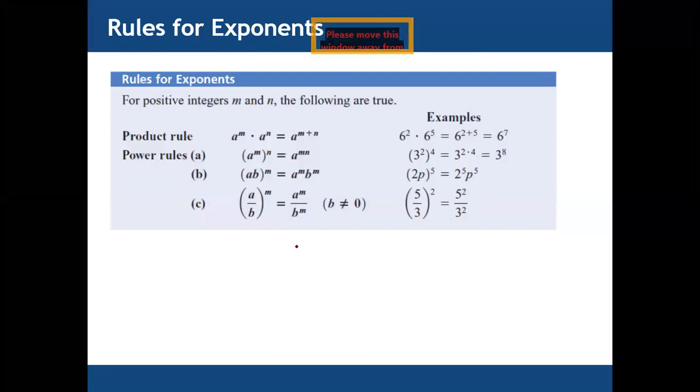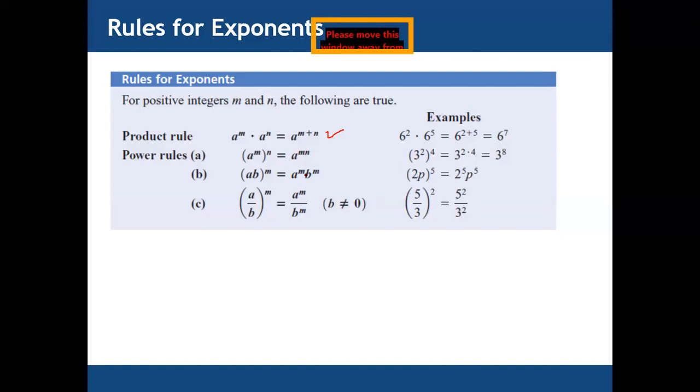Okay, we discussed the product rule. First was the product rule: when bases are the same, powers should be added. Then we have the power rule, power over power: when we have two powers, take one base and multiply the powers.